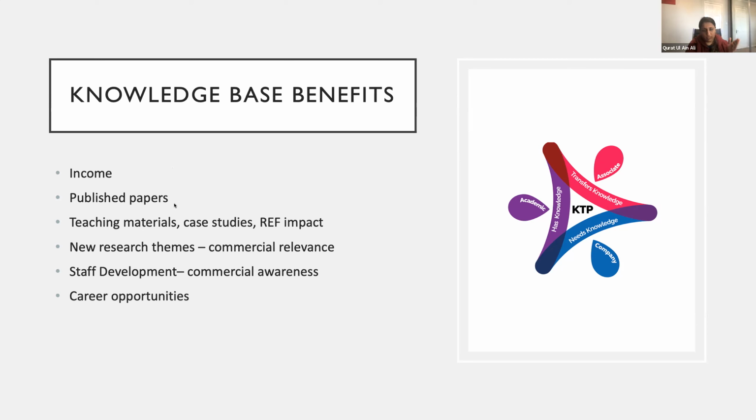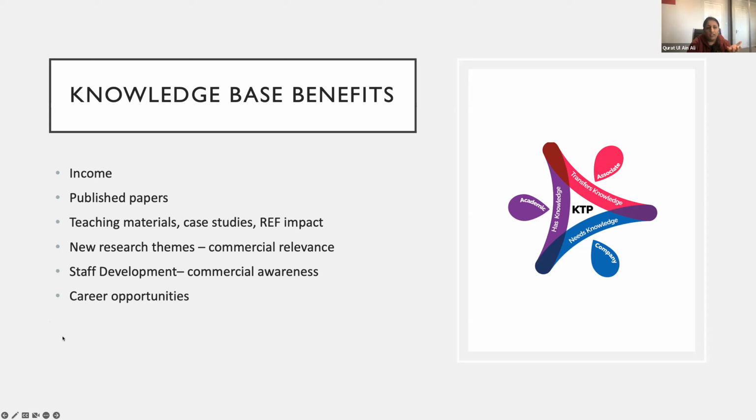Now, the knowledge base, which is the academia, the benefit that it has is obviously a stream of income. And then when you're working on a project, you'll be publishing papers. They'll be rather technical papers, more like practitioner-oriented papers, and that will affect the research impact of the university.